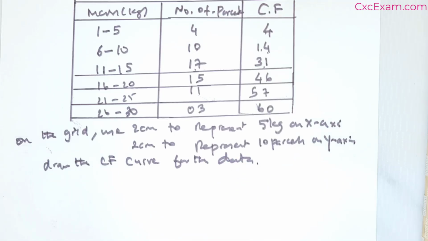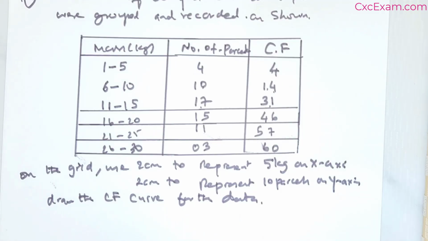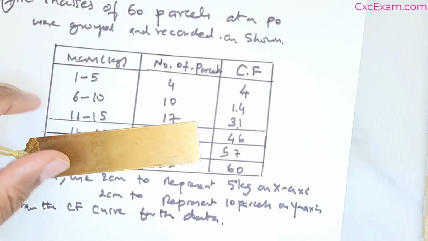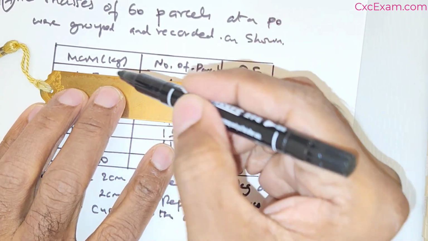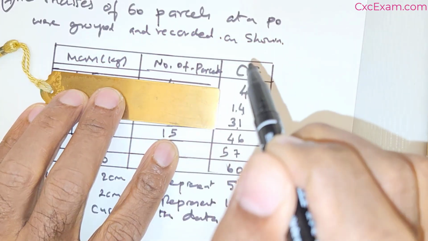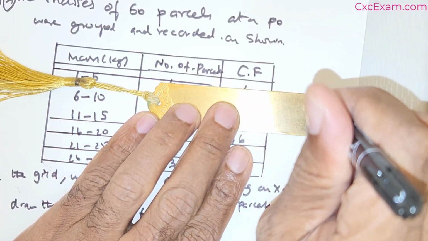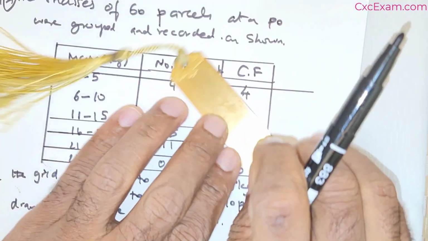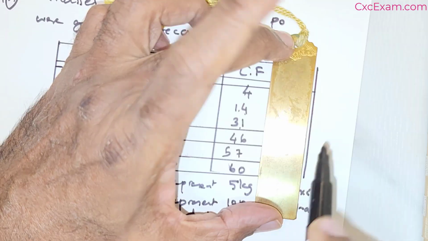Okay, now for this we have to create a table. So let me show you how to do that. Okay, so as I mentioned to you, to draw the cumulative frequency curve, we need to have one more column. So what I'm going to do is divide this over here so that I can bring in one more column.